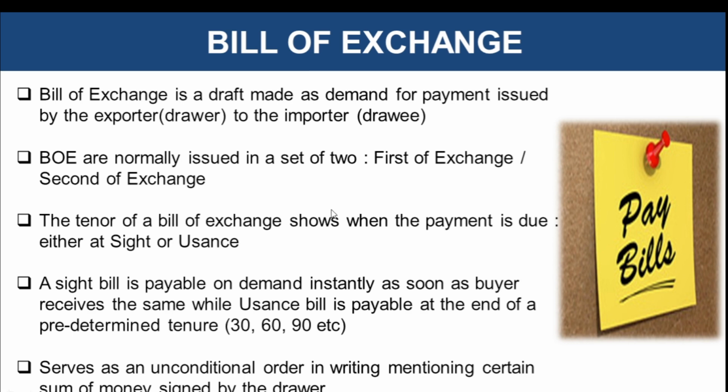It would be mentioning the amount, as we discussed that it is a demand by the seller to the buyer, so it would mention what amount needs to be paid. It would mention the name of the drawer and the name of the drawee. It would be signed. These are certain really important things which would be mentioned in the bill of exchange document.